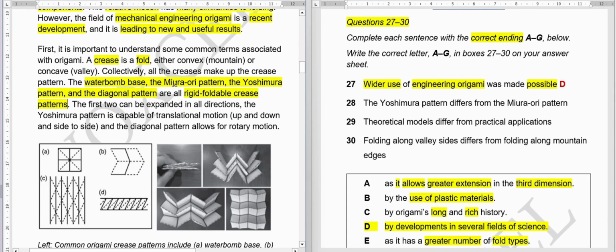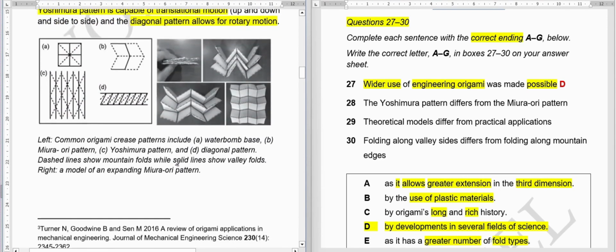Water bomb and Miura Ori pattern. The Yoshimura pattern is capable of translational motion up and down and side to side, and the diagonal pattern allows for rotary motion. So the diagonal pattern is famous for rotary motion.